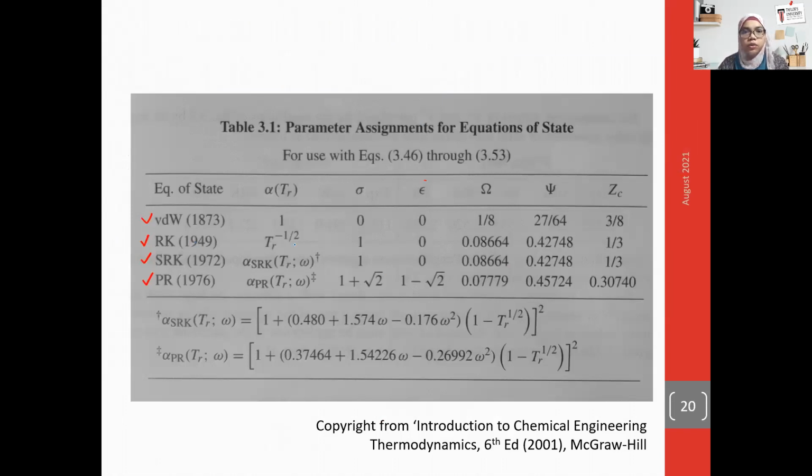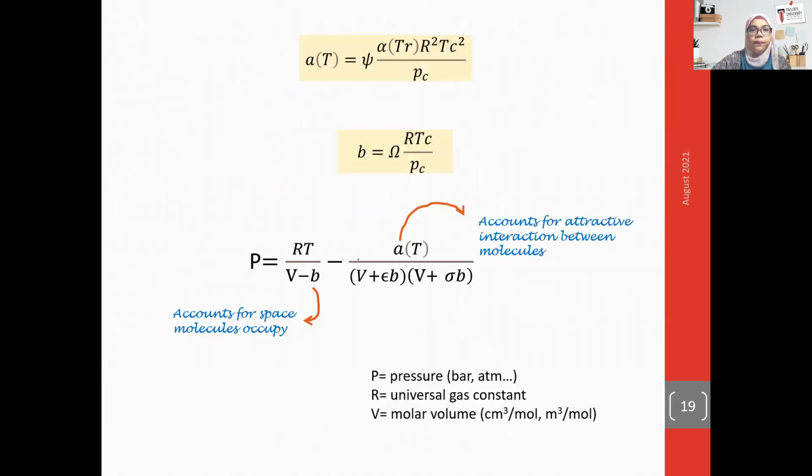For the Redlich-Kwong, this is the general equation, so we need to use this equation with alpha, TR, R squared, TC squared over PC. So we need to find the critical pressure and also the critical temperature.